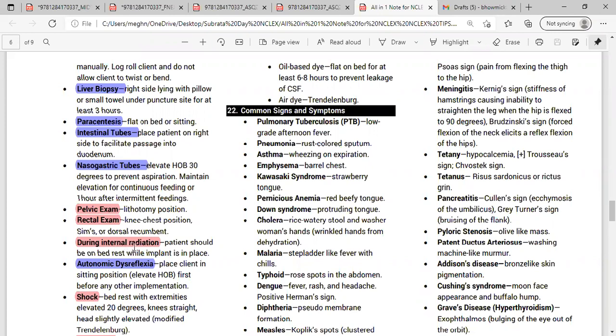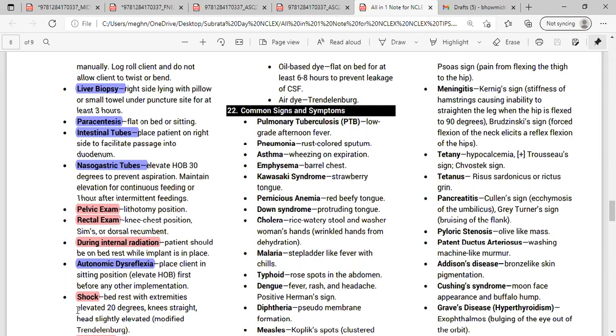During internal radiation, the patient should be on bed rest while the implant is in place. In case of autonomic dysreflexia, place the client in a sitting position first before any other interventions.